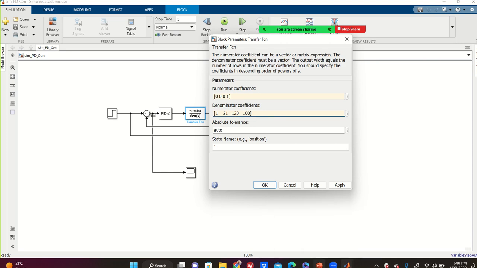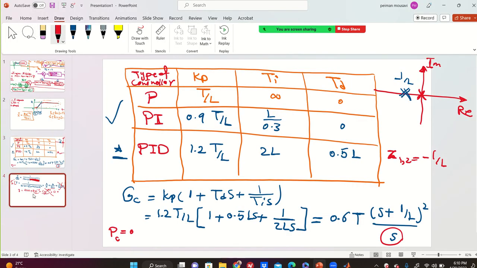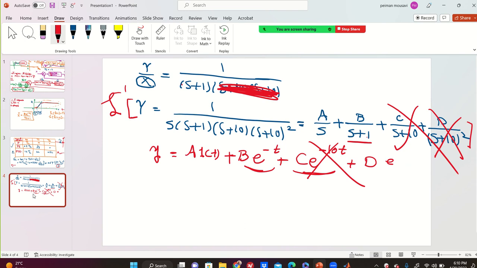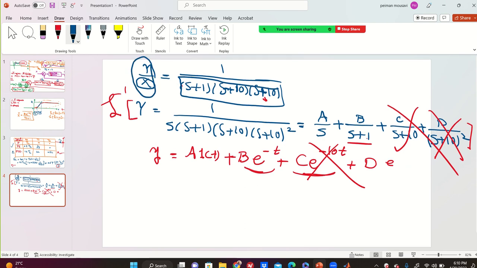I want you to give me the answer. Is it correct or incorrect? No. Those that we got were the result of this. What is this called, open loop or closed loop?